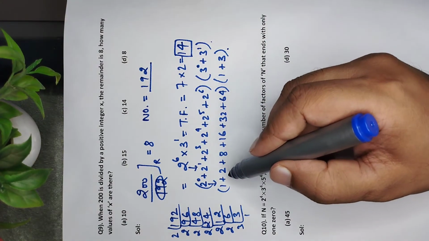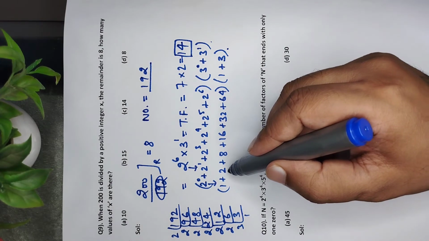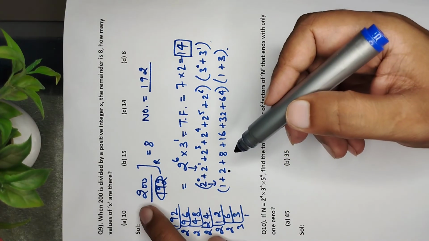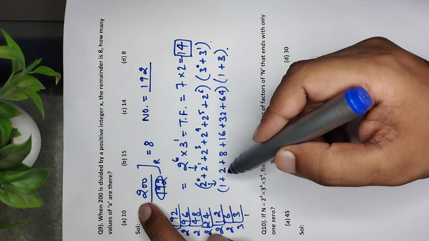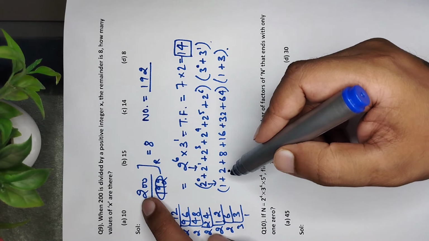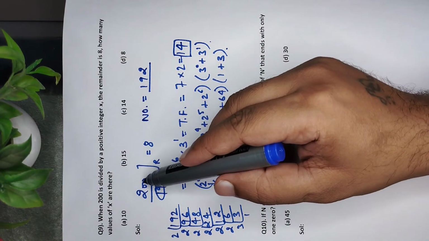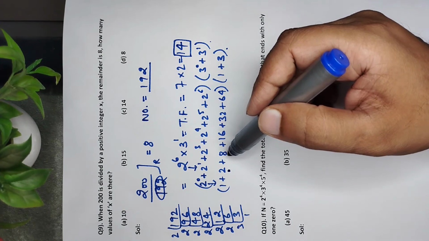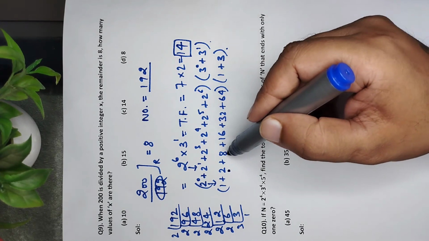So let us say one factor of 192 is 2. 2 is a factor of 192. Now if I divide this 200 by 2, it is obvious that we will not get any remainder. 200 is completely divisible by 2. Similarly, when I divide this 200 by 8, then it is again exactly divisible by 8. There will be no remainder.